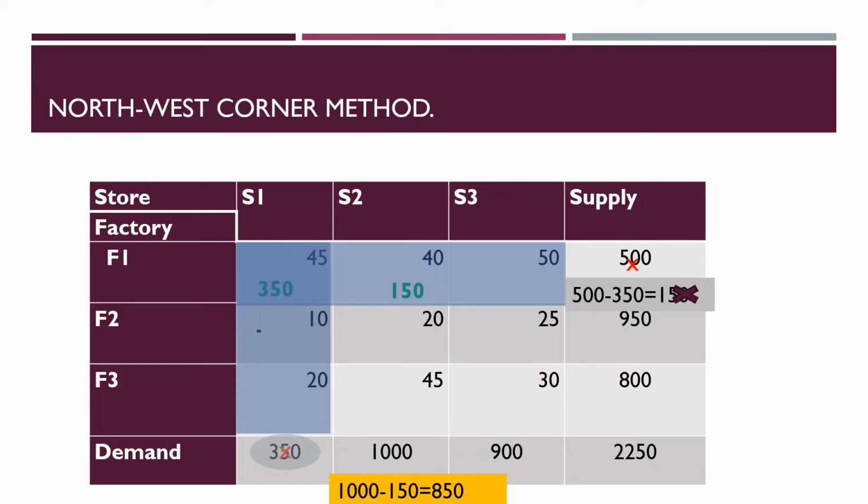Here, when compared with 950, the 850 is lesser. Therefore, we are going to select the quantity of 850. Then when we allocate 850 to F2 S2 cell, all the demand requirement of the S2 is fulfilled. That is 150 from F1 and 850 from F2.